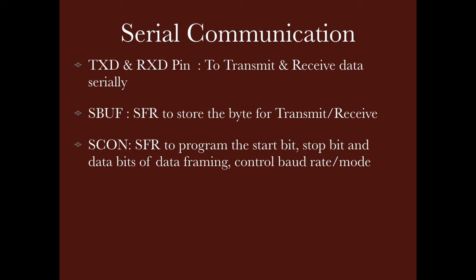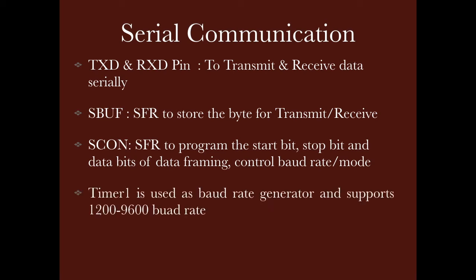All these things are programmed using the SCON register. As discussed in the previous slide, timer 1 is used as the baud rate generator, and this supports 1200 to 9600 baud rate. The serial communication takes place with this baud rate.